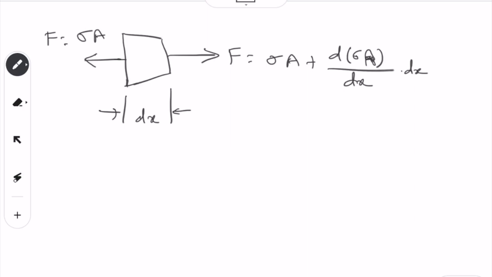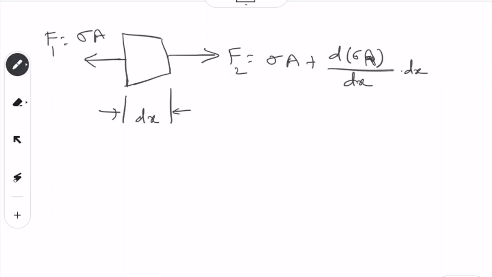Here the pull is sigma times A. We can write F1 is like this, F2 is like this. At one end the force is F1, and the other end the force is F2, equal to sigma A plus d sigma A over dx multiplied by dx.